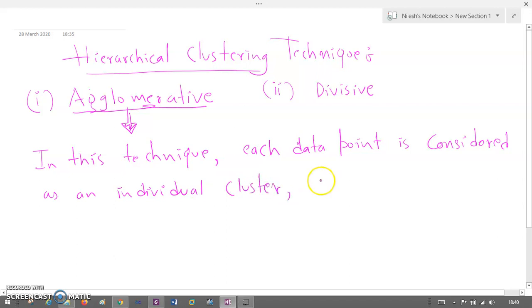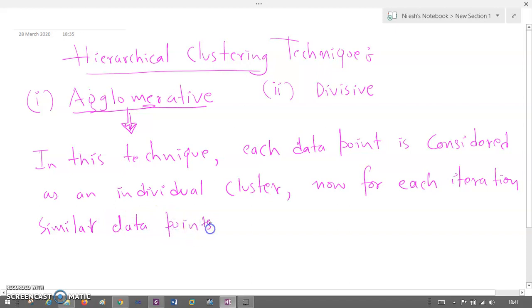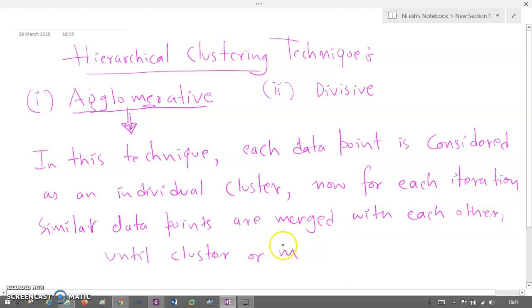As this is an iterative algorithm, for each iteration, similar data points, actually not points but clusters, similar clusters are merged with each other until one cluster or m clusters are formed.